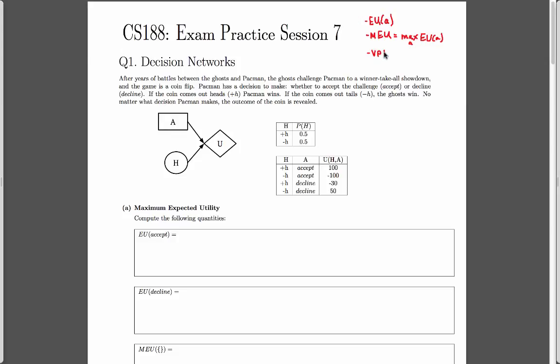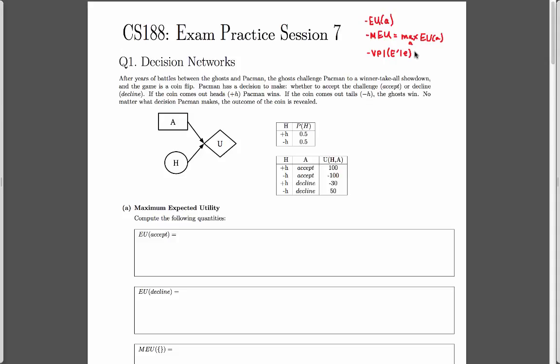And what this means is it is the value of acquiring some new evidence, and we'll denote that new evidence as E prime, given that you already knew some information, some evidence, and we'll denote that as lowercase e.